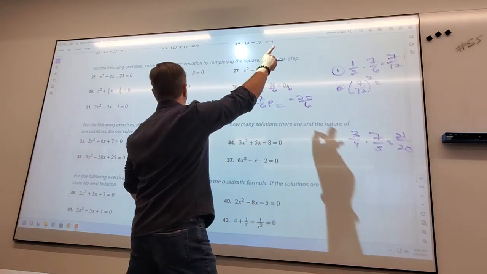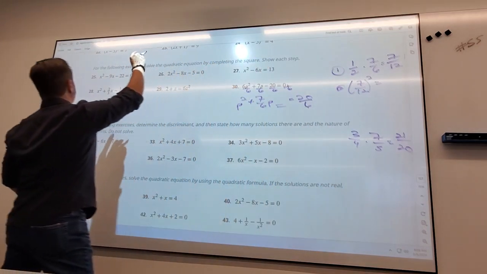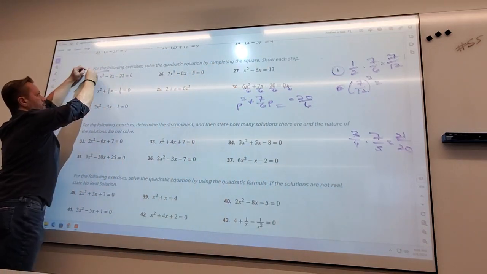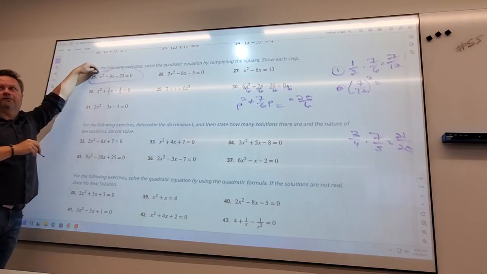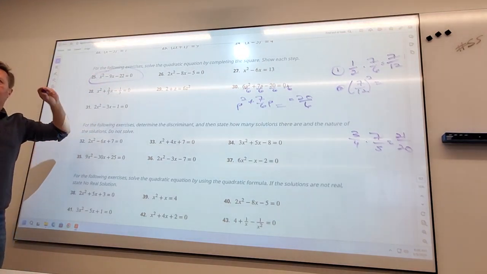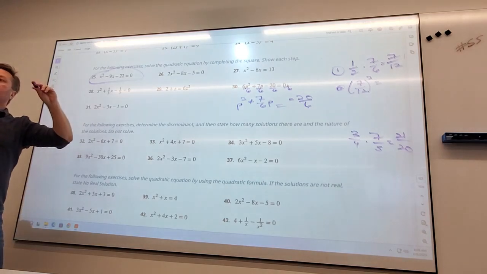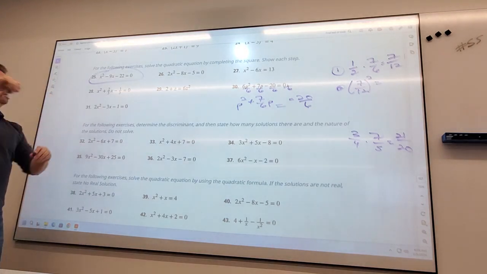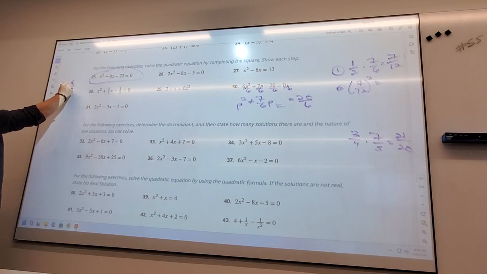If I have this problem, what would be your first step? Take the middle coefficient and do what to it? What's the first step in completing a square? Divide by 2. So then I would just do -9 over 2, correct? But what is the same thing as division by 2?